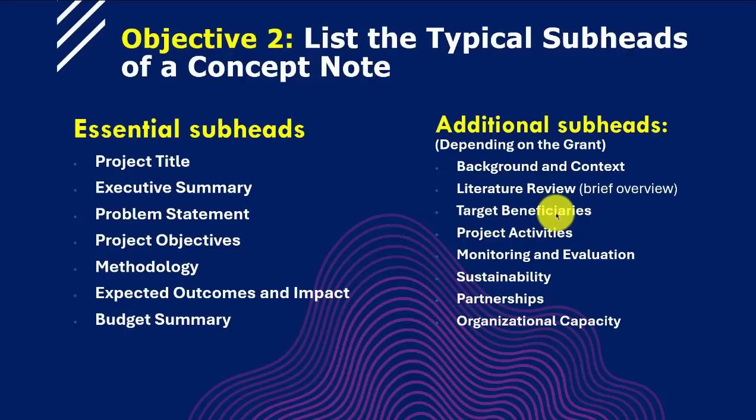Of course, you also have some additional subheads depending on the granting agency: background and context, literature review, target beneficiaries, project activities, monitoring and evaluation, sustainability, partnerships, organizational capacity.